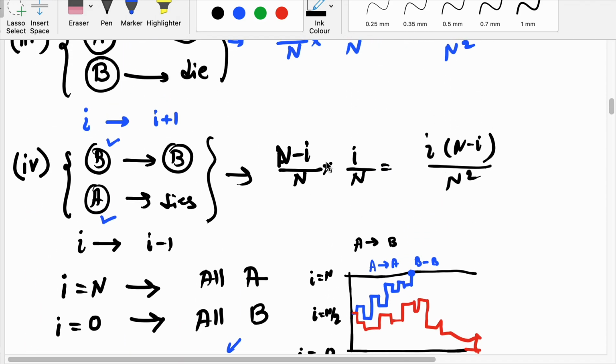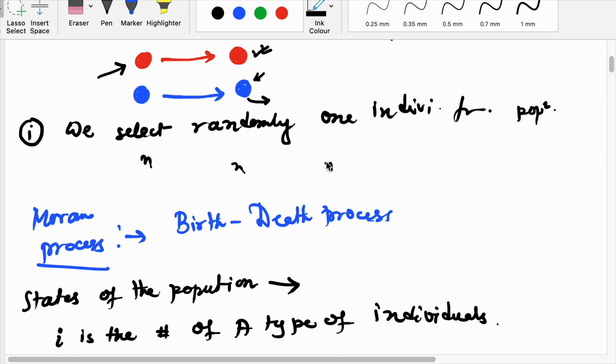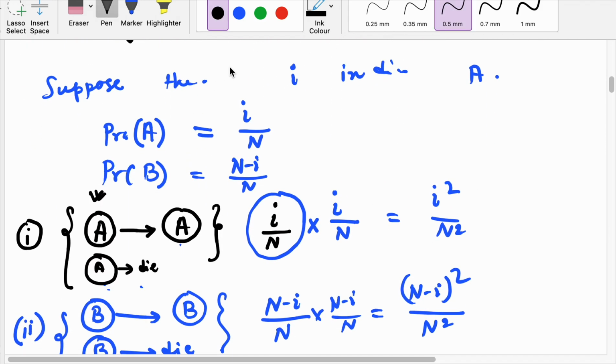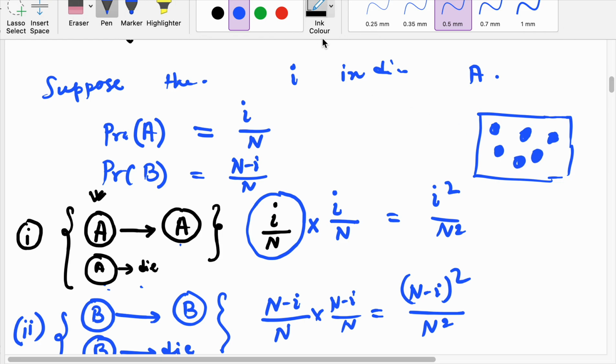And we ask one question here: suppose there are n individuals in a population. What is the probability of any one red individual taking over the whole population? Since no selection is going on, only random chance, we can argue that everyone should have an equal chance to take over the whole population, whether red or blue, it doesn't matter.